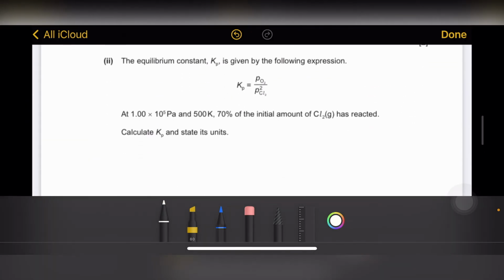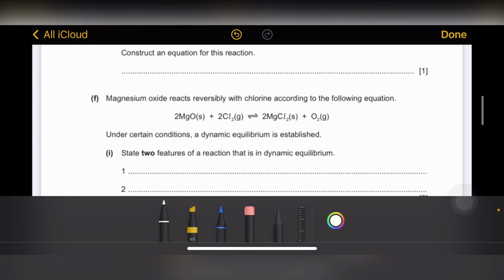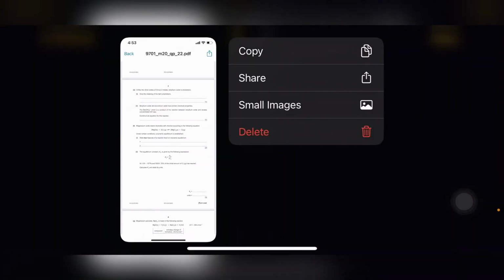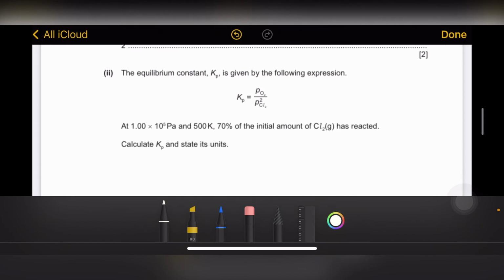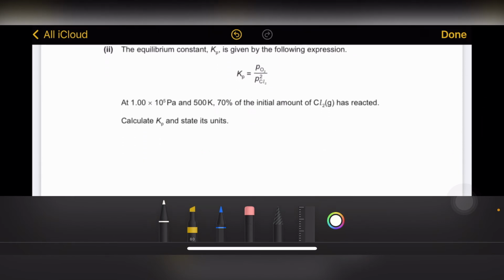Now this is a Kp question, given by the following expression: PO2 PCl2. Alright, now over here there are only two gaseous molecules present. One is Cl2 and the other one is O2. The other two are solid. So in Kp we only take the gaseous molecules. Now it says 70% of the initial amount has reacted.